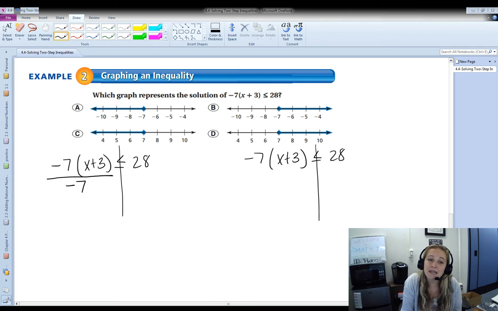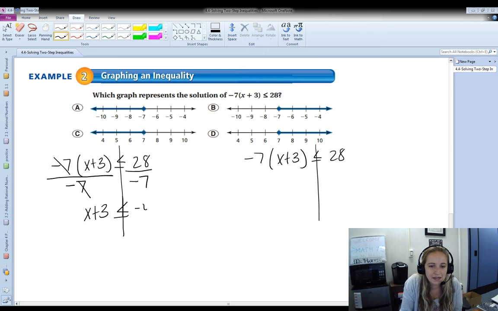Because since it's multiplication, you can kind of think of this as just one variable. So think of that as just like an x, okay? So you can actually divide by -7, and that's only if the rest of the side is in parentheses, and those would cancel out, okay? So you could divide by -7, those would cancel out. You would just be left with x plus 3, which really simplifies things.